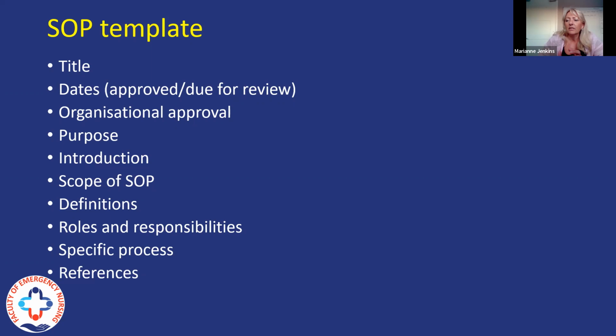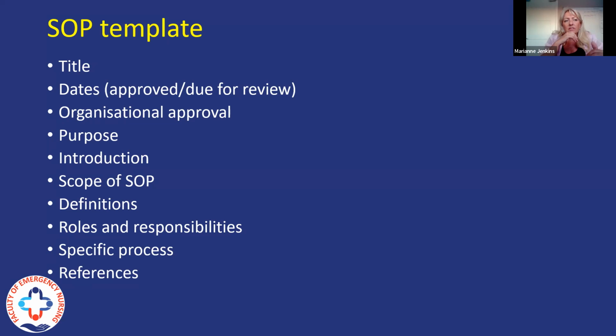So it is about a role that somebody has in the department and the responsibility that they have to enact this SOP within that role. So somebody may be a triage nurse one day, a streaming nurse another day, they may be the nurse in charge on a third day. So under this policy, they may have 3 different roles, or lots of responsibilities depending on what role they have on that day.